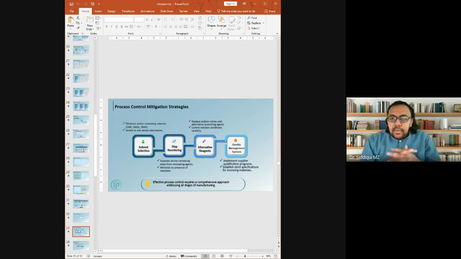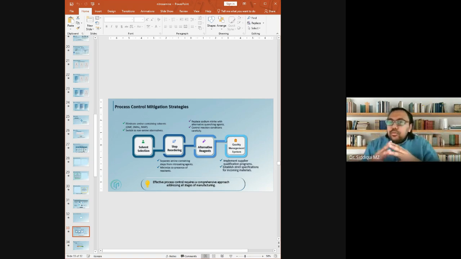reaction pathway. Second, if the solvents are inevitable and they have to be used in the formulation, then the separation of the amine-containing step from the nitrosating agent could be vital, and that can minimize the simultaneous presence of the reactants and make nitrosamine formation less likely. Then, alternative reagents: sodium nitrite is very reactive, so if we can change that to other quenching agents, and the reaction conditions should be carefully designed to avoid the reaction happening. Then the quality management system is basically the QA part.